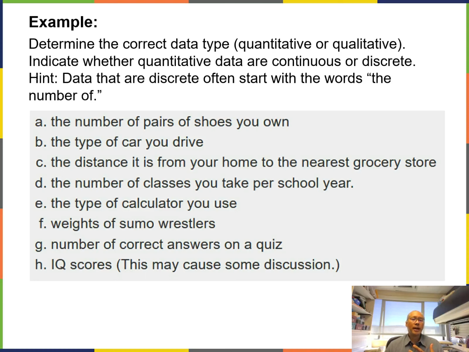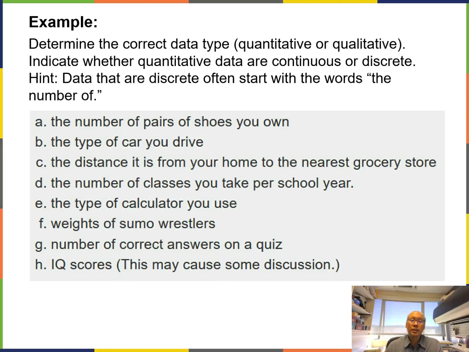You can measure it in miles, feet, or meters, depending on how close you are. So that would be quantitative data that is actually continuous. The number of classes you take, you can't really take half of a class, so you're taking a whole number of classes. That's quantitative discrete.